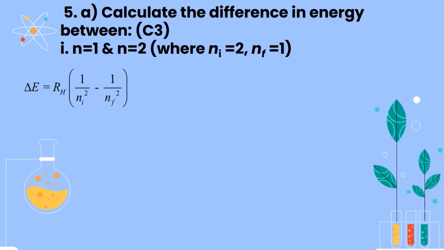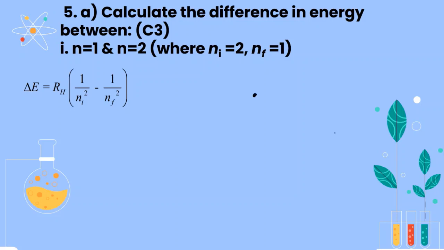Moving on to the next question. It asks you to calculate the difference in energy between n equals 1 and n equals 2, where n initial equals 2 and n final equals 1. So this is where you have to use another formula to calculate the difference in energy between the two energy levels. There is an electron, and this electron moves from one energy level to another.